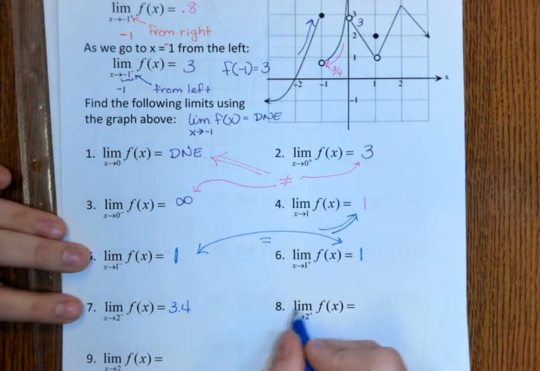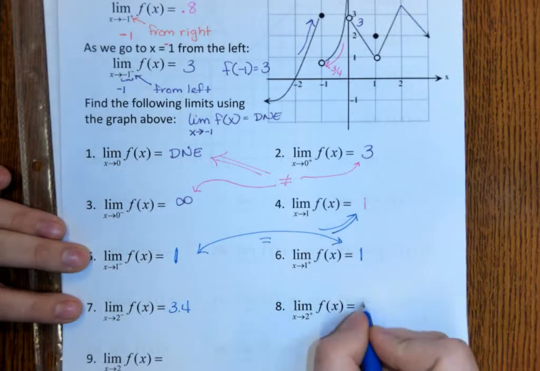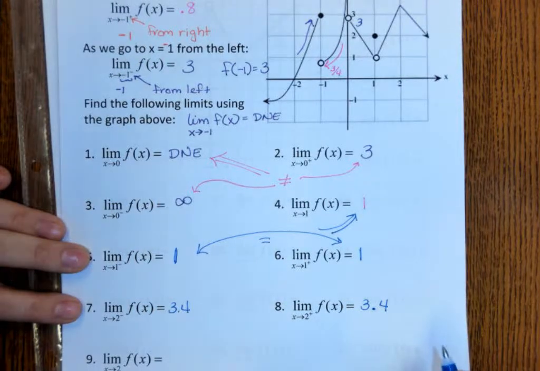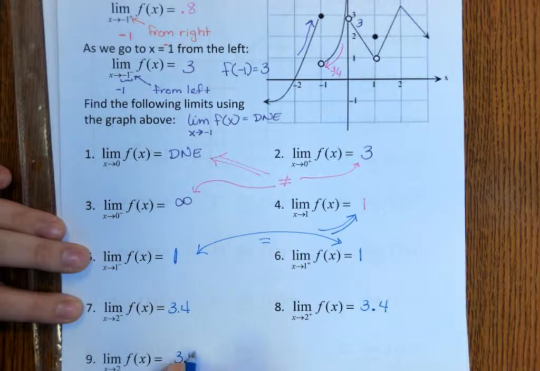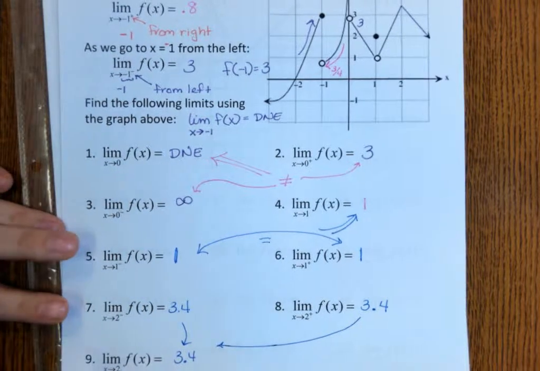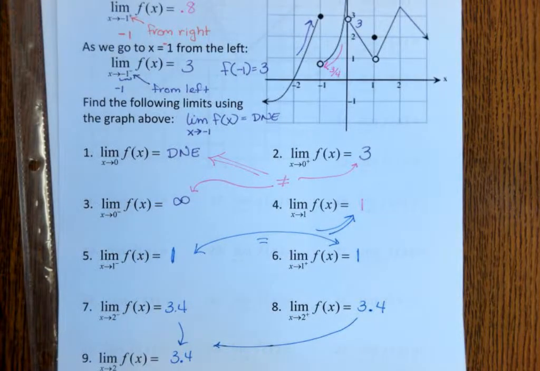What's this one talking about? From the right. What's the limit from the right? Jayden, 3.5. Okay, and the overall limit, 3.4. Okay, when those two are the same, you get that.